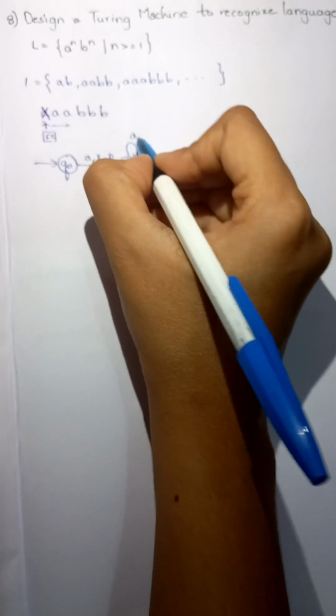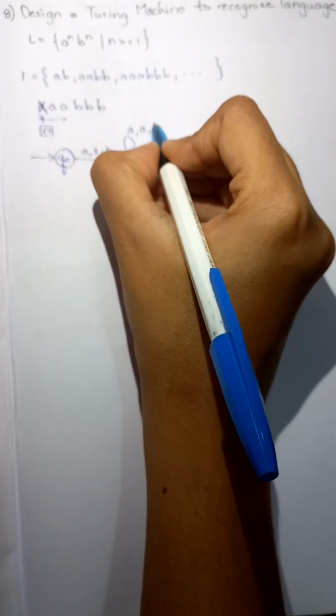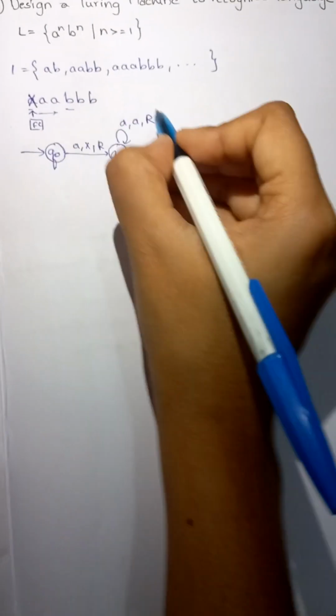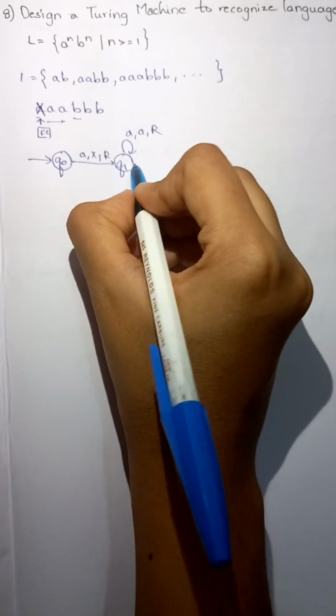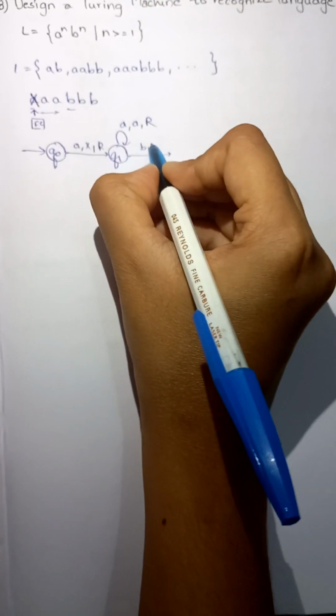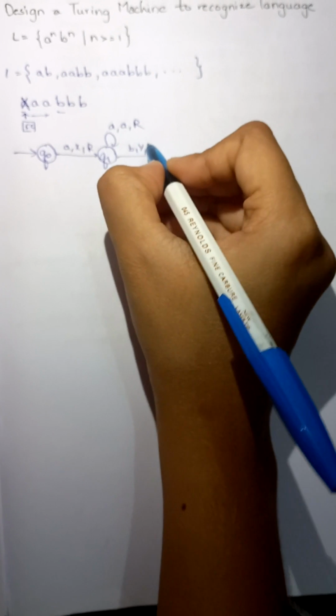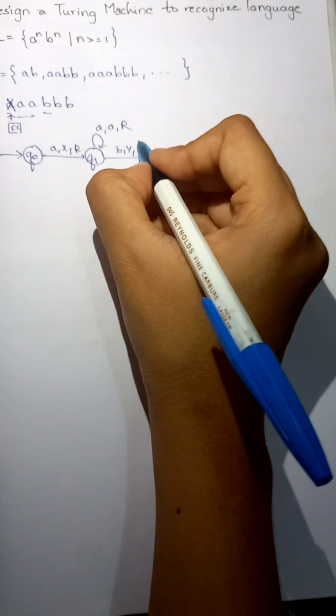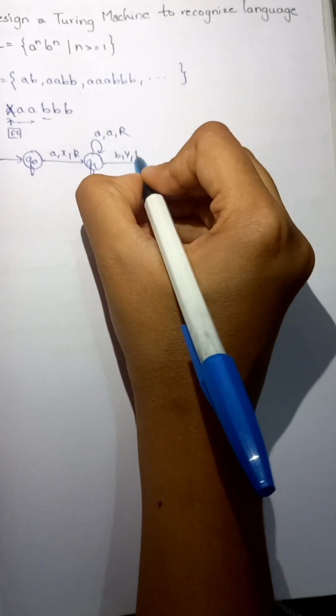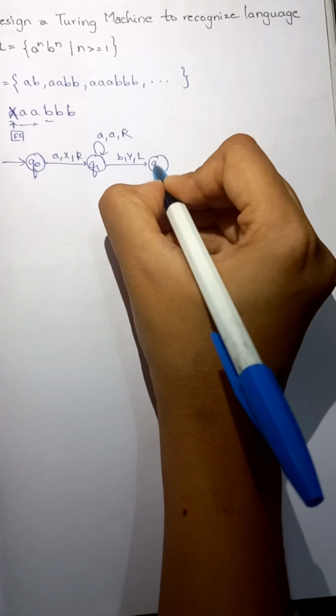So A stays as A and moves towards right. When the first B is encountered, the B should be changed to Y and move towards left. It goes to Q2.